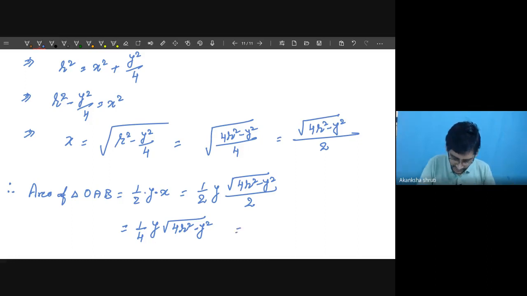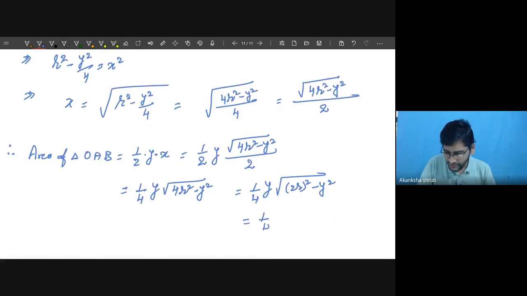It's so simple kind of thing. Getting now? Or it may be written as 1 by 4 y under root of 2r their square minus y square, which can be written as d square minus y square.